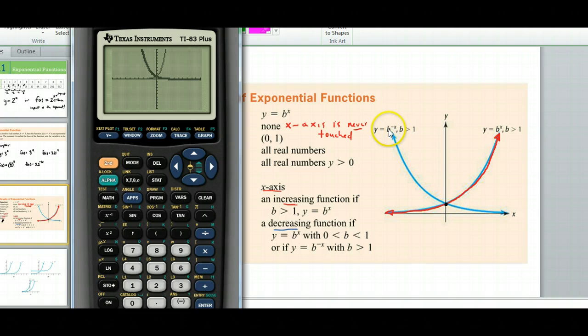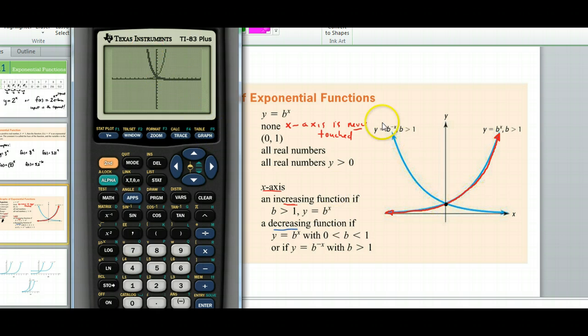Now notice here that it says b to the negative x. So if I did 3 raised to the negative x power, again, I did that one in bold so we can distinguish the two. There's the 3 to the positive x coming first, and then here comes the 3 to the negative x in bold coming down on the other side.